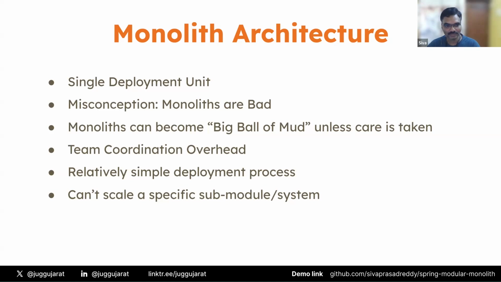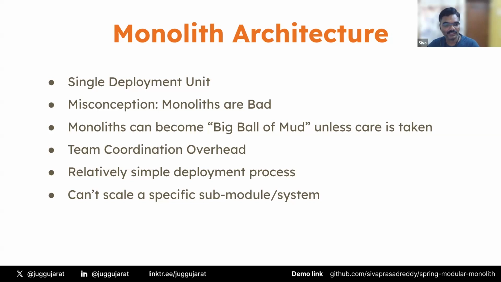Somehow along the way, it got a very bad reputation, especially with the introduction of microservices architecture. People started considering monoliths bad, which is not quite right. Also, many people think microservices is a solution for the monolith's problems, which is also not quite right.